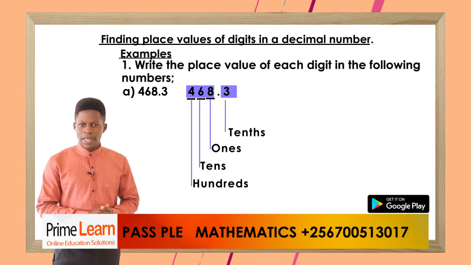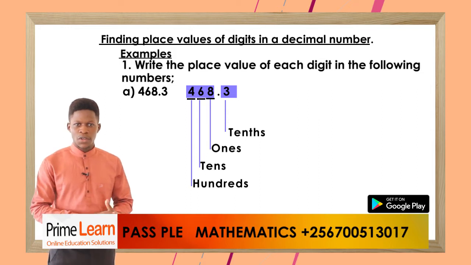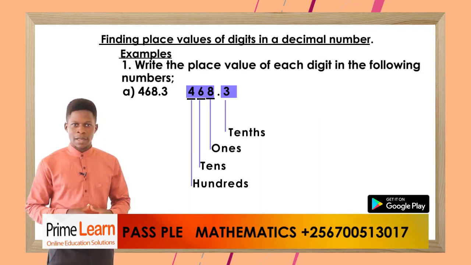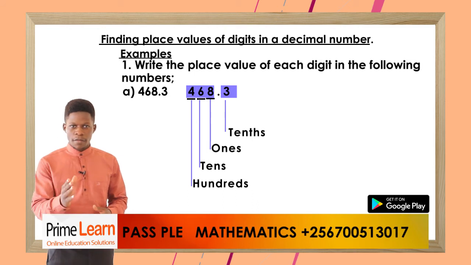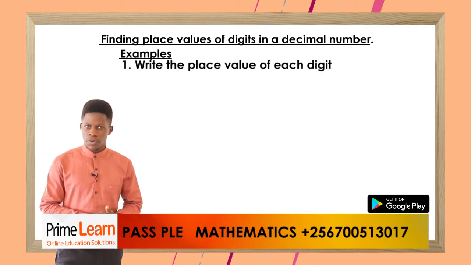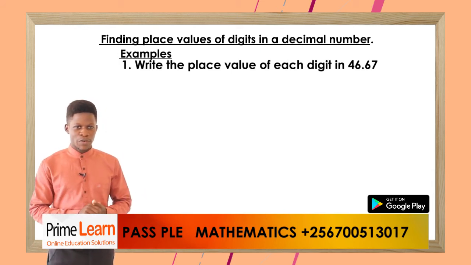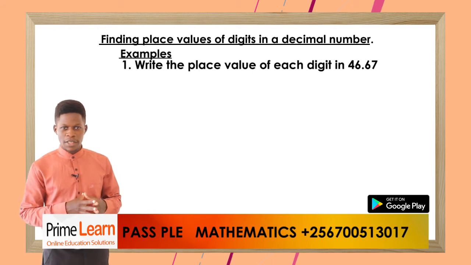Now, let's look at our last example about finding the place value of digits in a decimal number. This is reading, find the place value of each digit in 46.67.